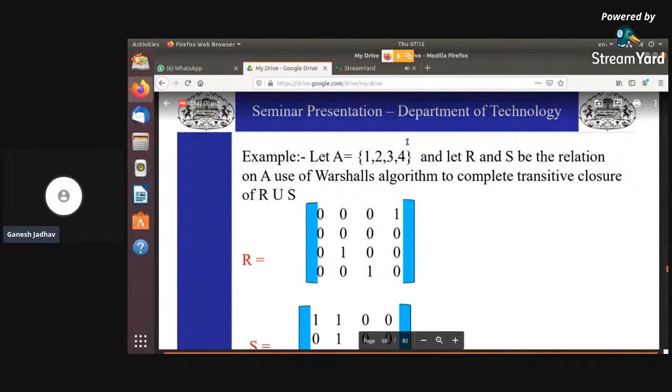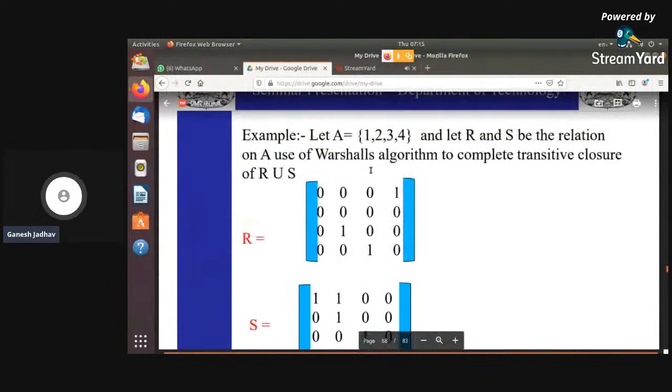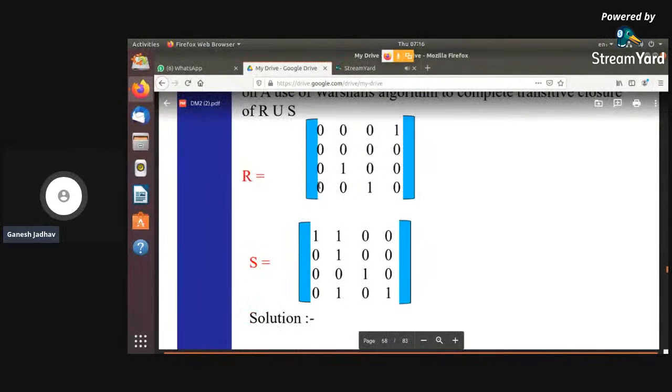R union S. Here is the union, so you can write the union matrix. This is the separate matrix, 0 0 1 1. Only you have to write here 1 also where there is 1. Here is 1, you can write 1 also. This is 0 0 0 0.